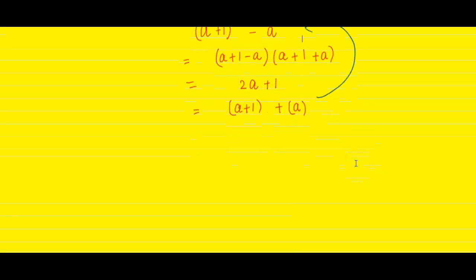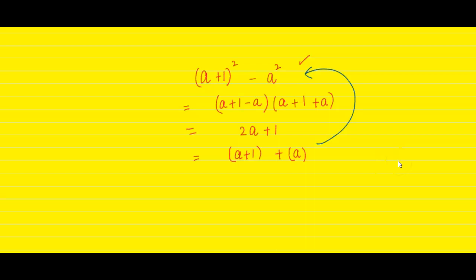So now let's say I do 5 square minus 4 square. This is a plus 1, this is a, because it is 1 more than the second number. So when I resolve it into factors, I get 5 minus 4 into 5 plus 4, which is equal to 9.